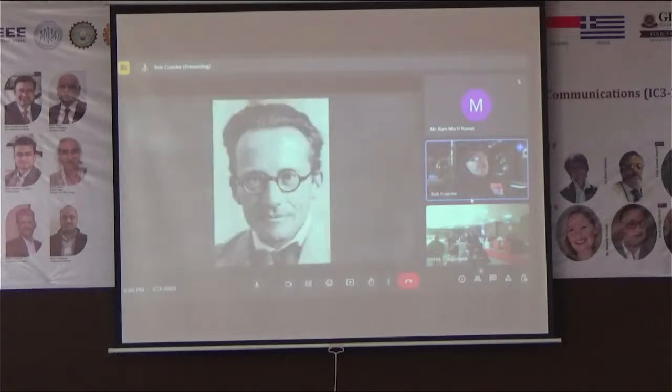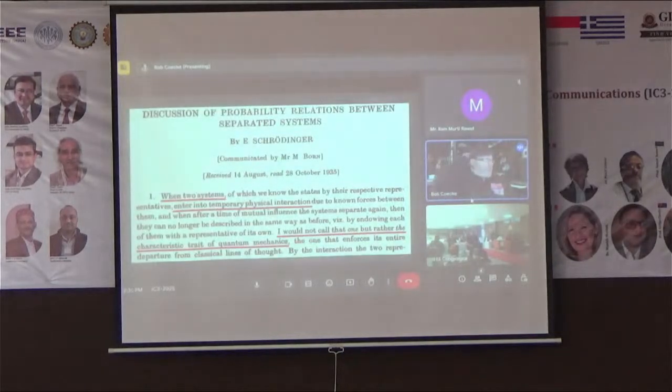Now, this is Erwin Schrödinger, whom you may know from his cat or from his equation. Of course, a big name in quantum, but something Schrödinger is not that well known for is the following statement. He is one of the fathers of quantum mechanics and came up with the wave equation and the wave formalism.